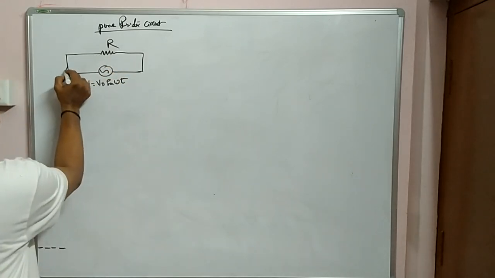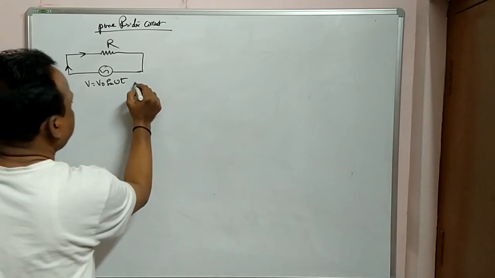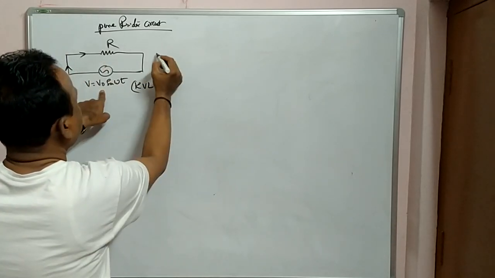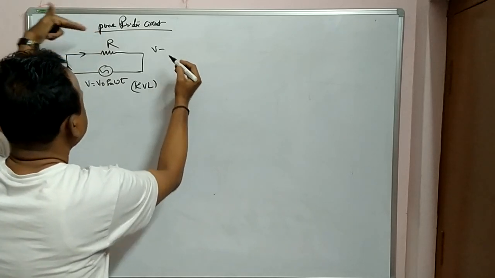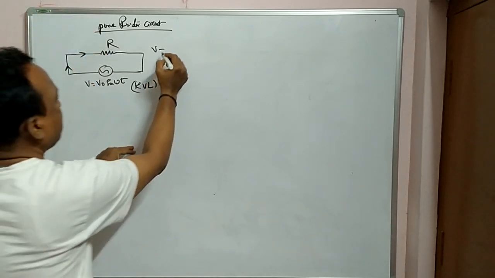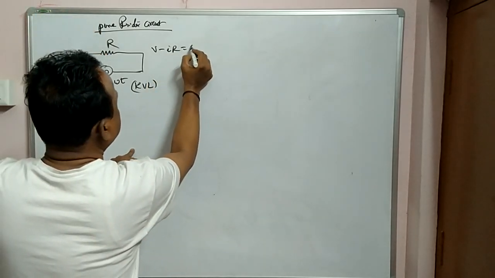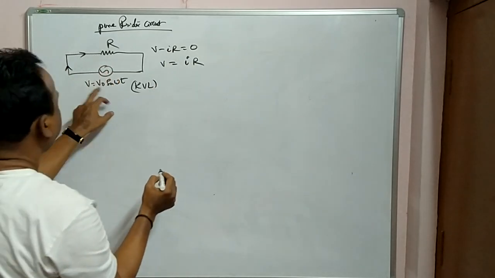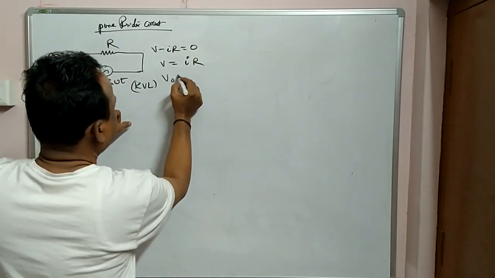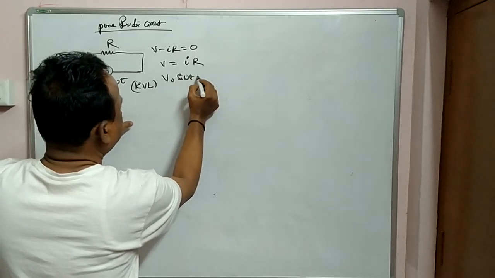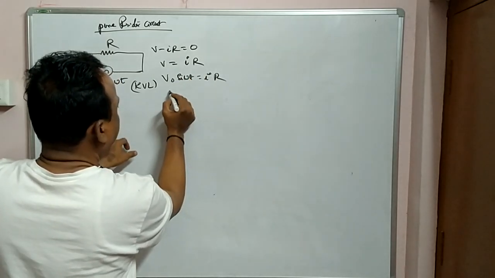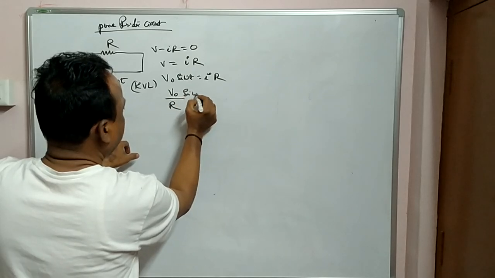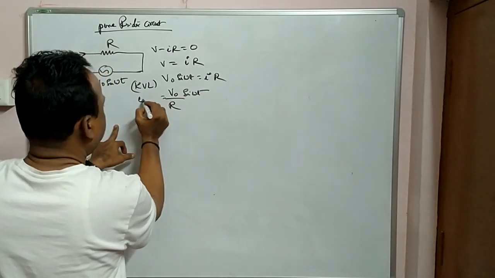Current is flowing, and if you apply KVL, Kirchhoff's voltage law, V minus the potential drop IR is equal to 0, or V is equal to IR. But what is V? V0 sin omega t is equal to IR, or V0 by R sin omega t is equal to I.